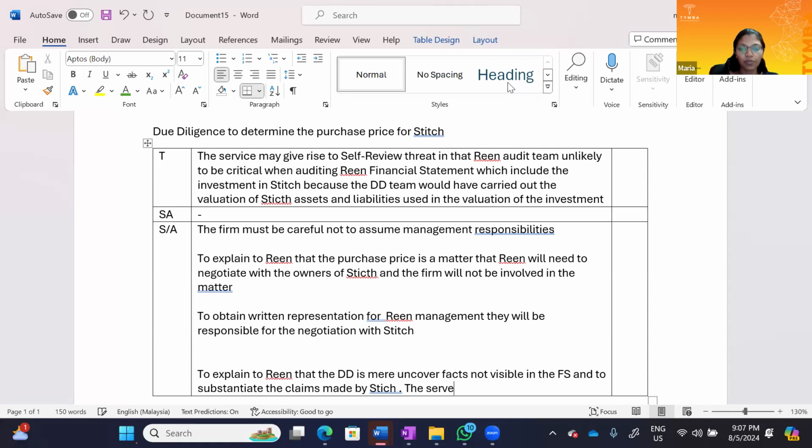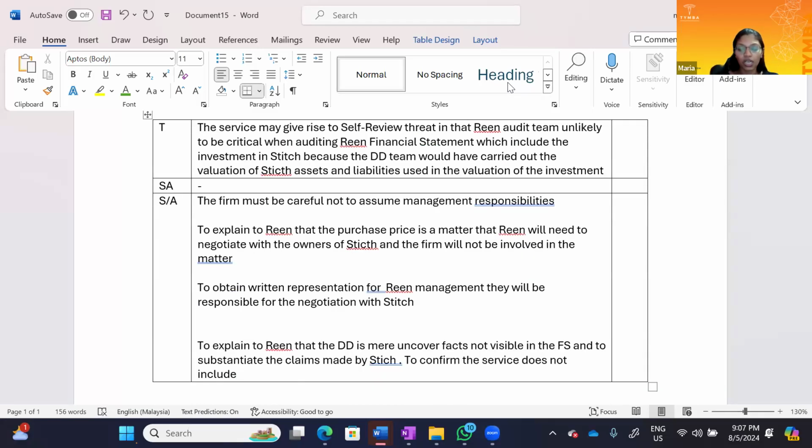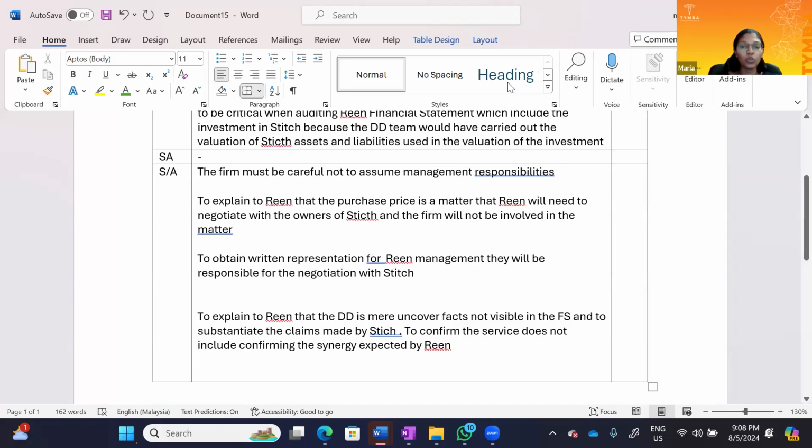Okay, so to confirm the service does not include confirming the synergy expected by Rin. Because they mentioned the reason they want to do this is synergy, so we tell them clearly all this.